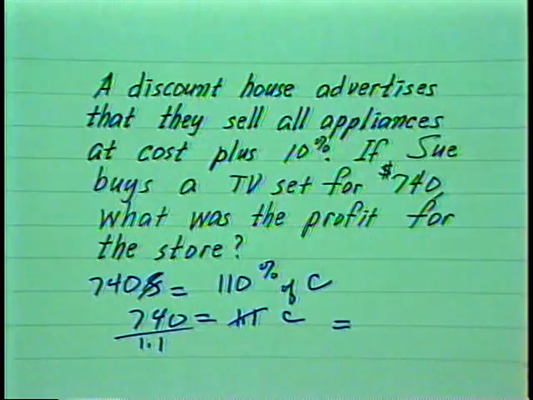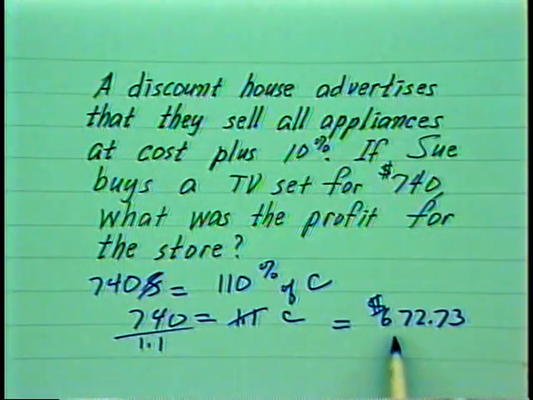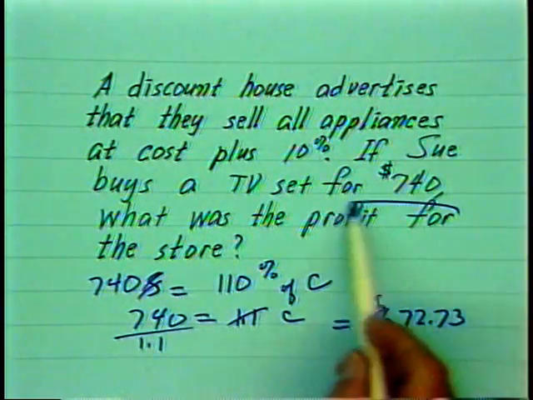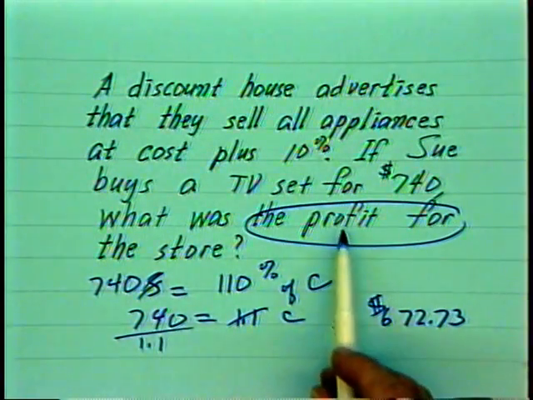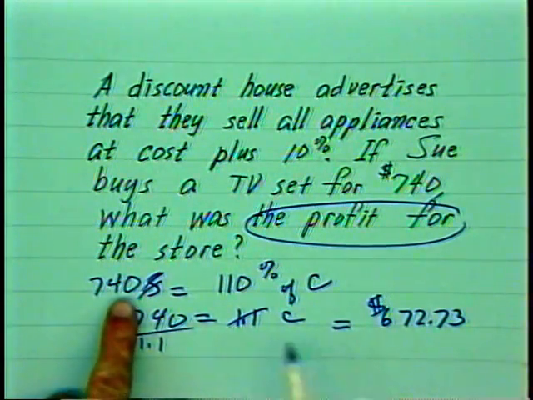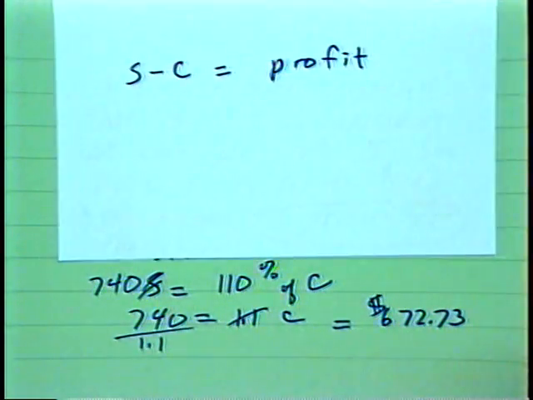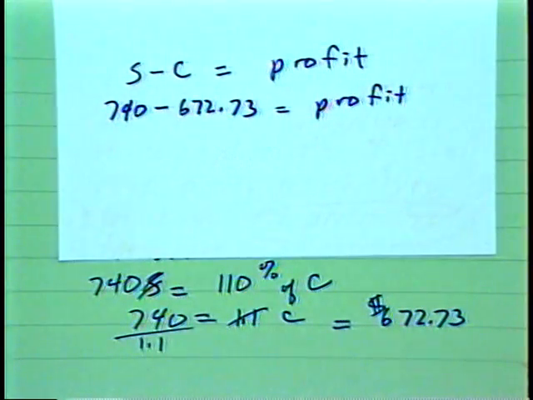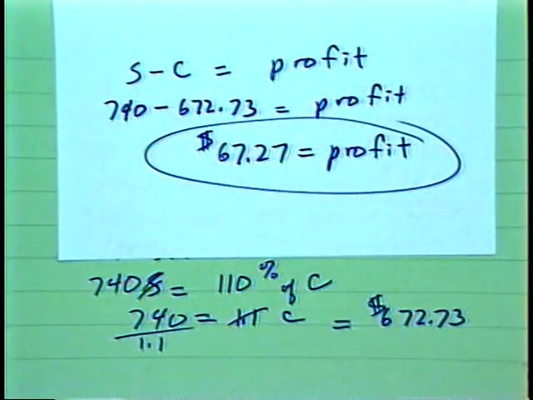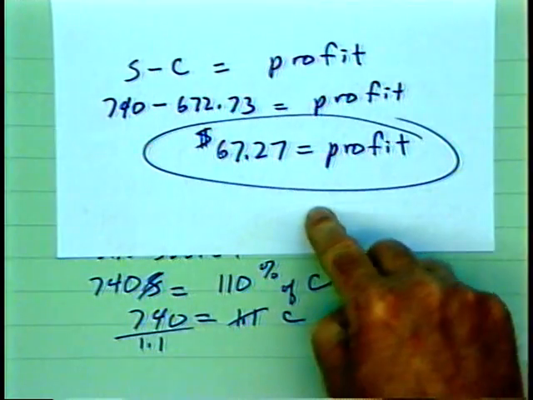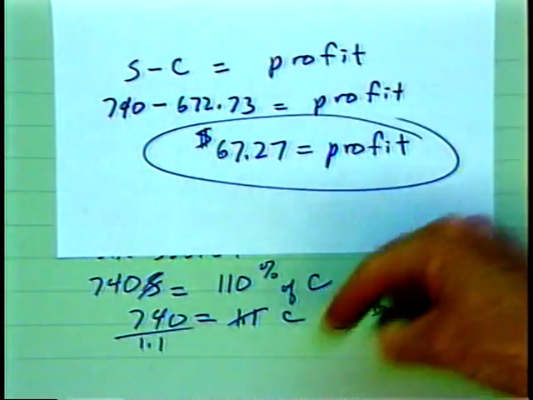Do the arithmetic. And we get the cost, but that's not what they wanted. They wanted the profit. Well, the profit, of course, is the difference between the selling price and the cost. So we follow through on that statement. And we're done.